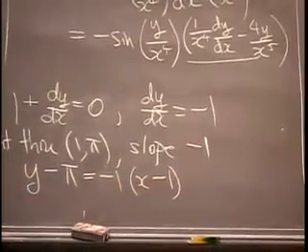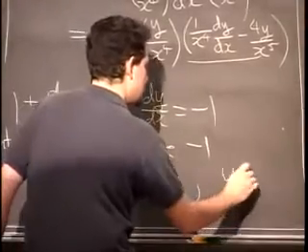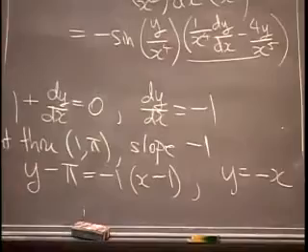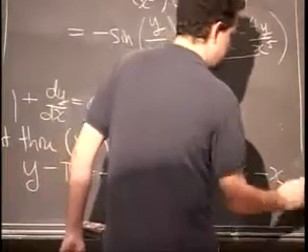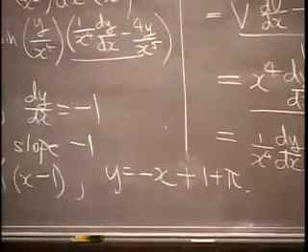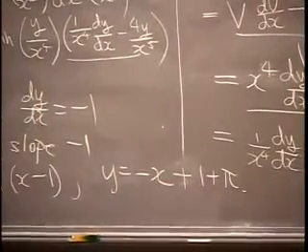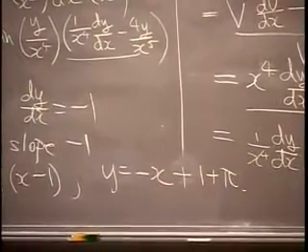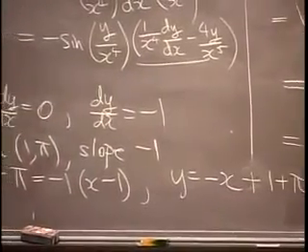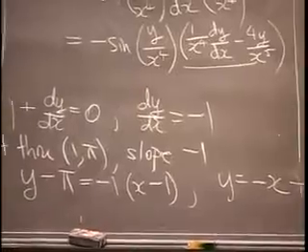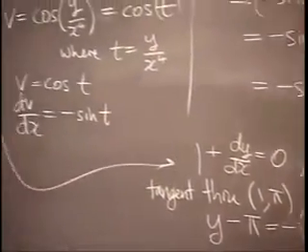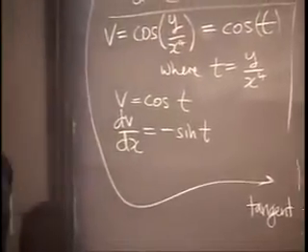Or if you prefer, y is equal to minus x plus 1 plus pi. All right, so that's a pretty hard and messy and involved problem. But as I said, if you can keep all these facts straight in your head or on the page, then you should be able to have no problem with any implicit differentiation problem.